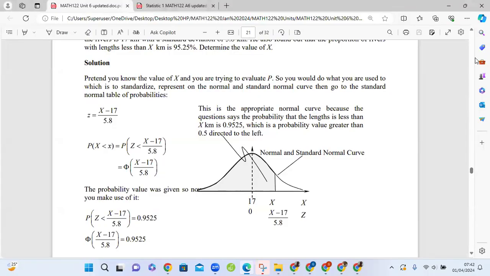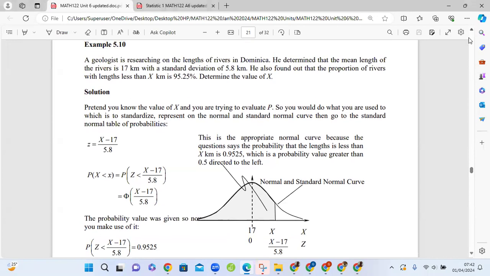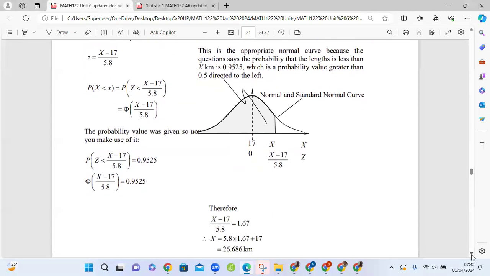Unlike example 5.10, where your probability value is already greater than 0.5, it's a phi of. And furthermore, you don't have to attach a negative sign because the Z is already positive. So you just plug in the 1.67 that was obtained, and you solve for x.